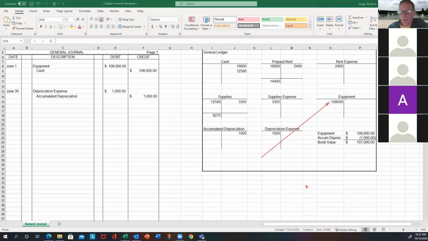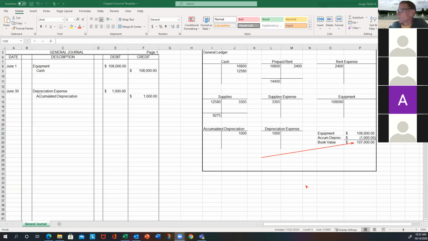So we've already, from 108,000, just taken 1,000 of it and expensed it because you used the equipment. You're assuming that you use the equipment for the month of June. Once you use that, we're saying that 107,000 is how much is left to depreciate over the next 9 years and 11 months. That's the rest of the life of the asset.